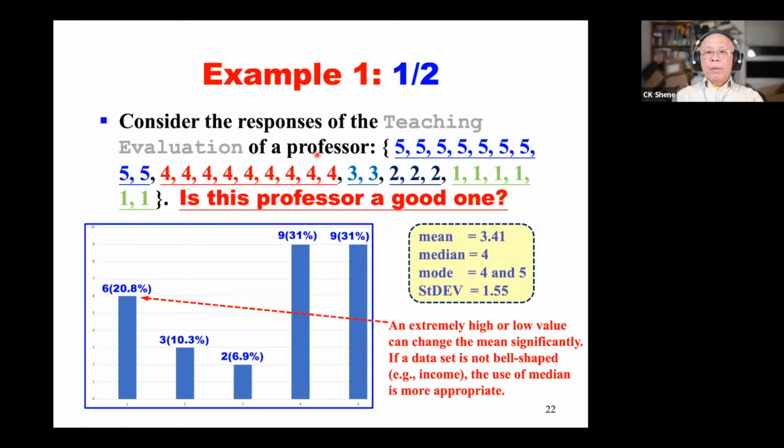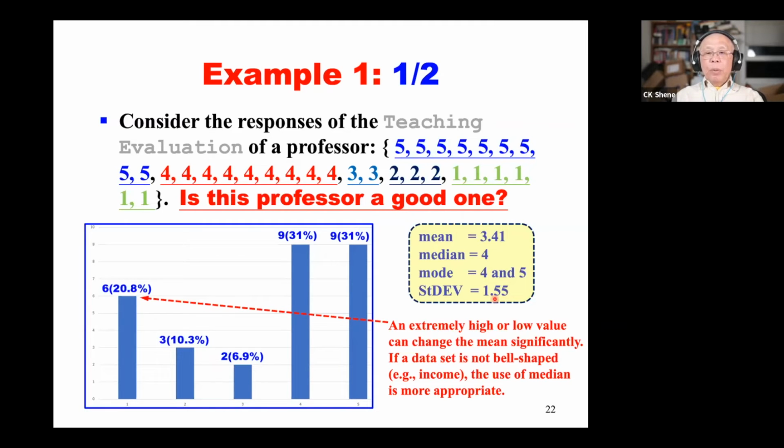The data is this. So look at this value. Is this professor a good one? So some calculation is needed. Mean value 3.4, median 4, and the mode is 4 or 5, and 5, and standard deviation 1.55.